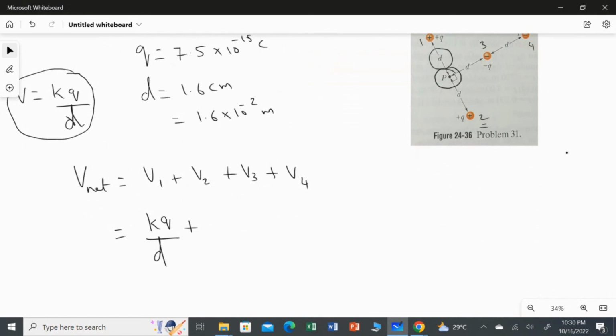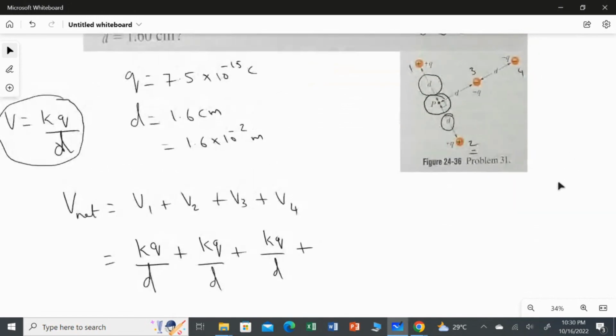The distance between the point P and the charge is again D. So you will get KQ over D. And for the third charge, again, the distance from point P to the third charge is exactly D. So KQ over D. But for the fourth charge, you have to calculate this distance very carefully. What is the distance from the point P to the fourth charge? It is 2D. Am I right? So the distance is exactly 2D for the fourth charge.